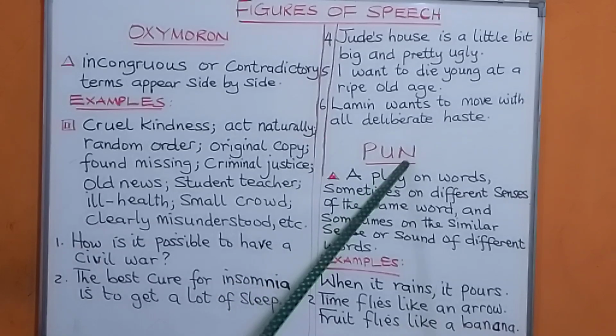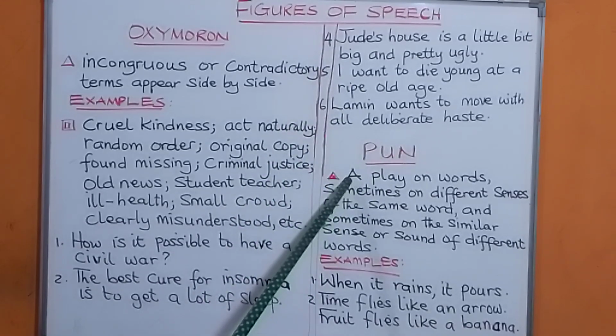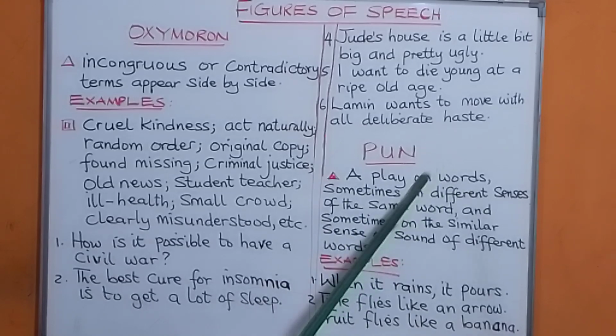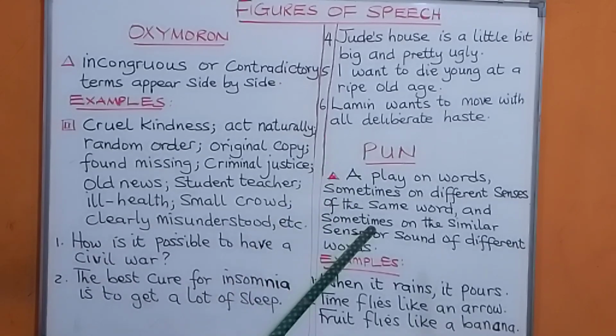Pun. What is a pun as a figure of speech? It's a play on words. When you use words to play, that's a pun. Sometimes you play on different senses of the same word. That is, you use the same word and play on different senses of it.